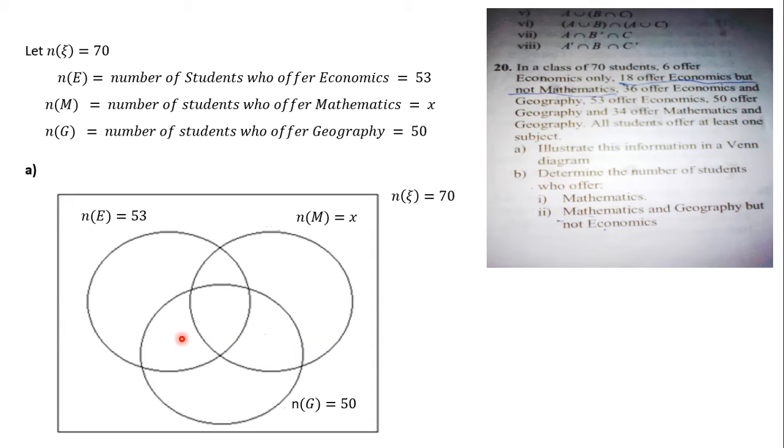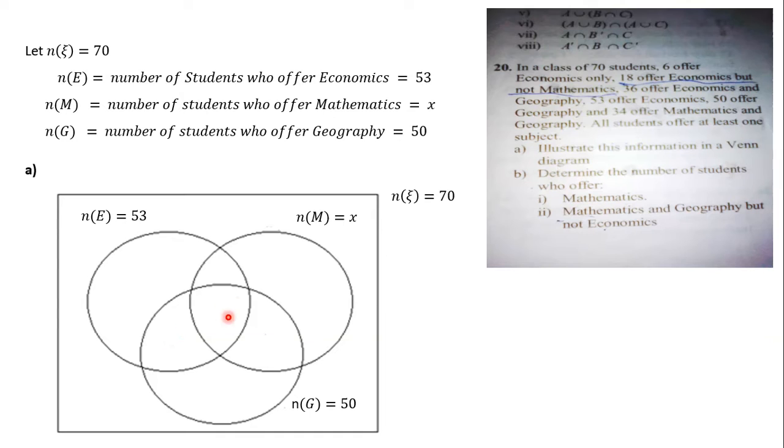So this is where we need to pay serious attention. So this is economics and geography, but not mathematics. Then here will be what? Geography and mathematics, but not economics. Then here is economics and mathematics, but not geography.